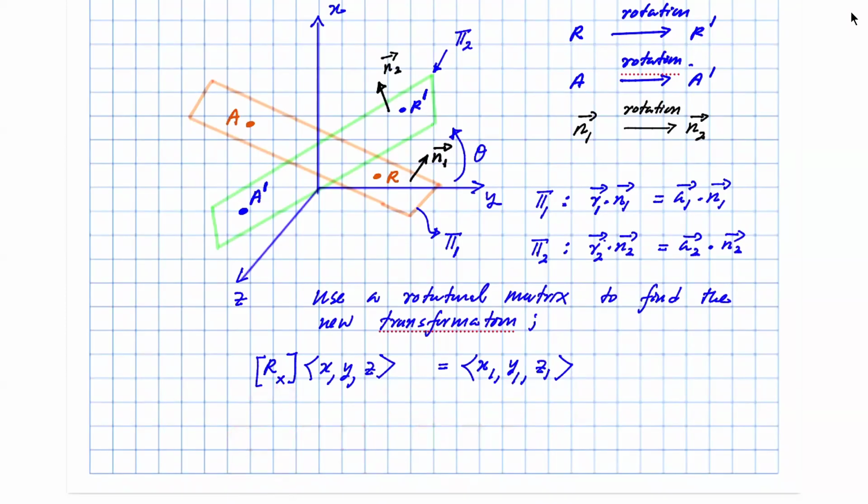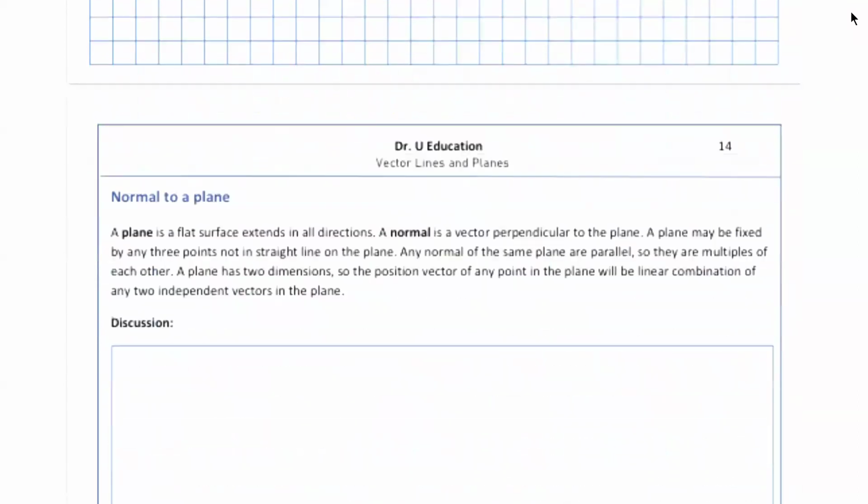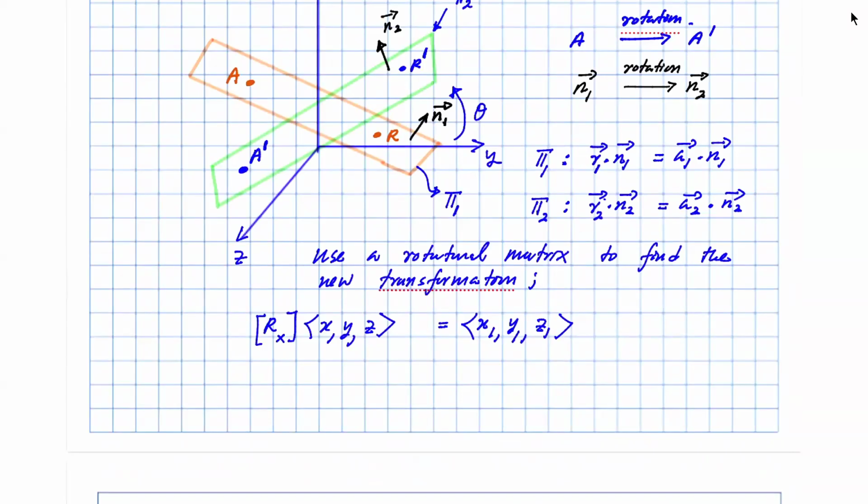Even in the SAC exam, they will give it to you. Right? So that rotation R in X theta, that matrix is 1, 0, 0, 0, cos theta, minus sin theta, 0, sin theta, cos theta.